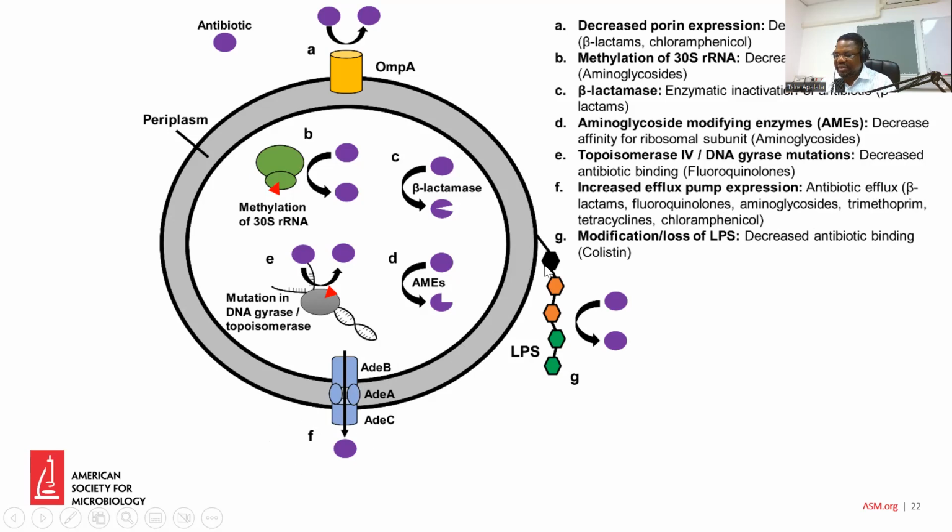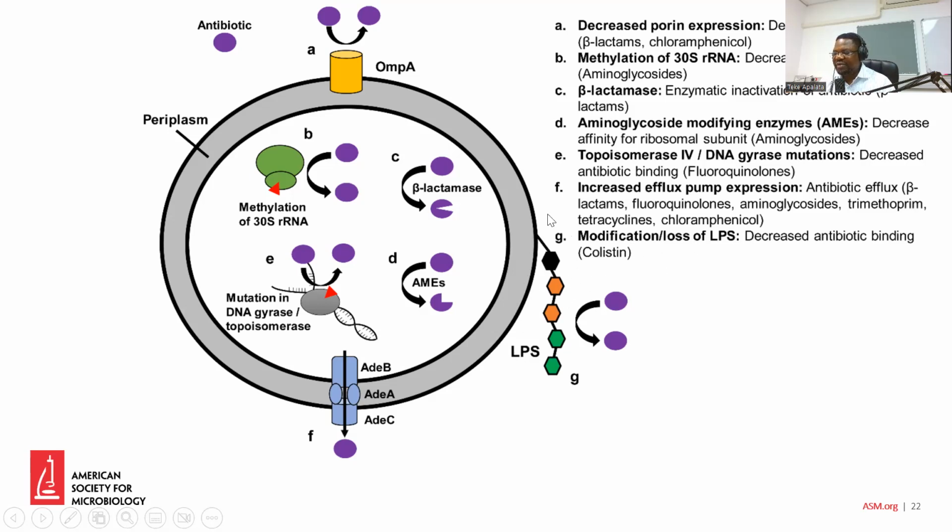And G here is about modification to the lipopolysaccharide. So there is a decreased antibiotic binding. So the specificity to bind to the lipopolysaccharide, for an antibiotic like colistin, will be lost.